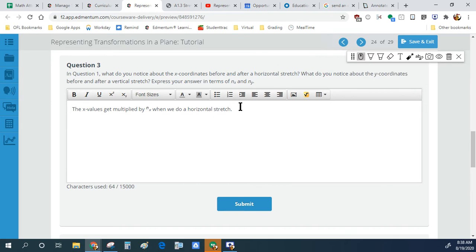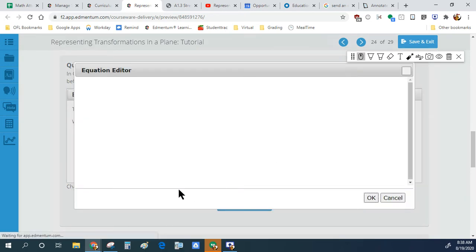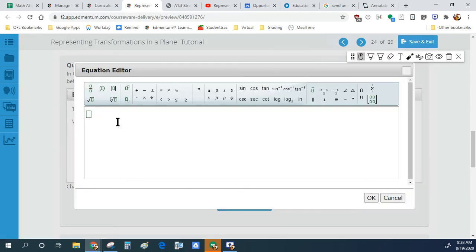All right. So the next thing we're going to do is talk about the vertical stretch. When we do this, we multiply the y coordinates. I'm just going to put some diversity in here. That should be a y, not a v. Y coordinates by, in my equation editor, n subscript y.